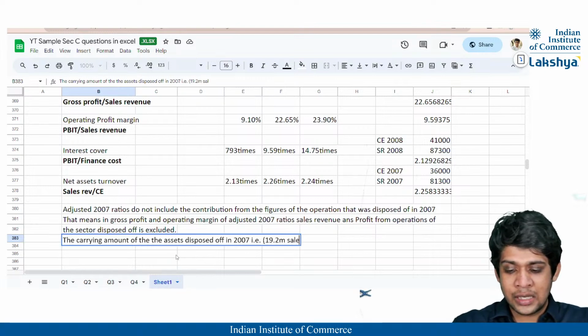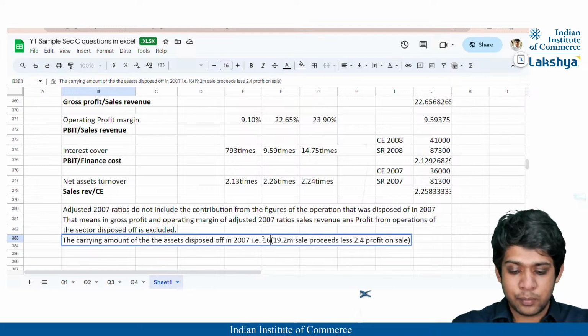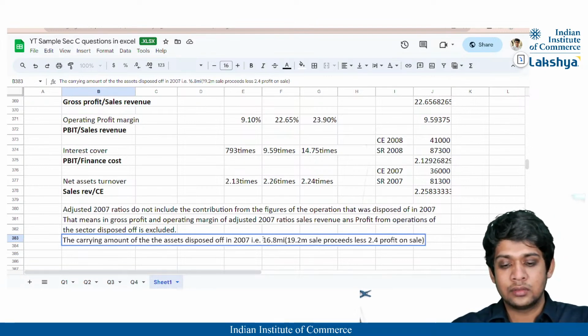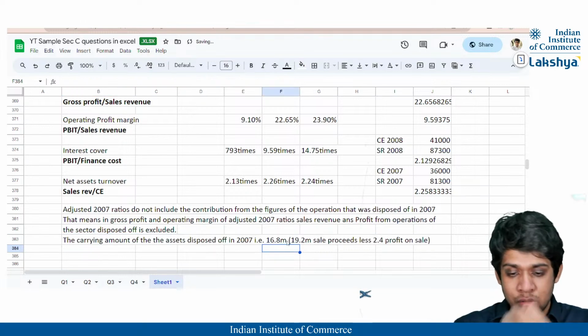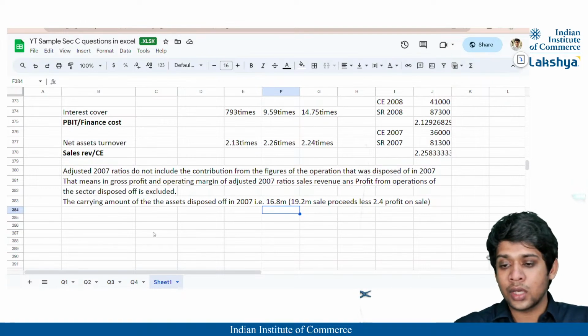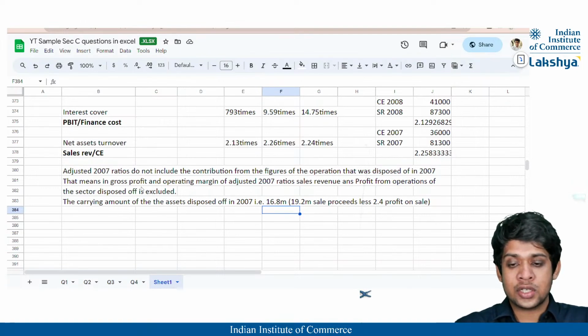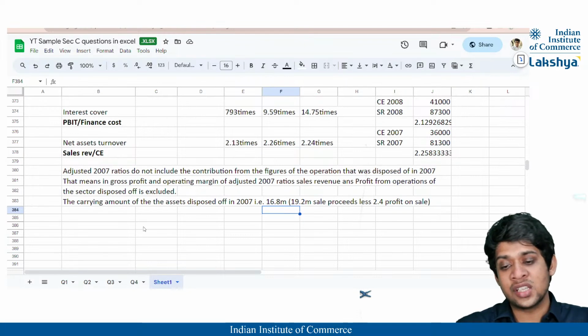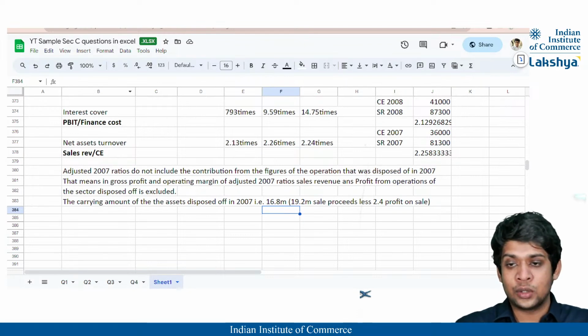I can just mention sale proceeds less 2.4 million profit on sale, which is nothing but 16.8 million. Okay, you can write it as million or also write the total value, however you feel convenient about it. Okay, so these are certain calculation information that I have provided to them.